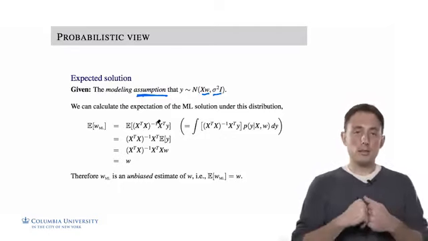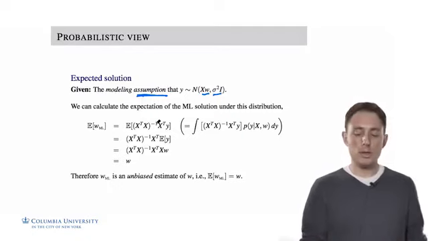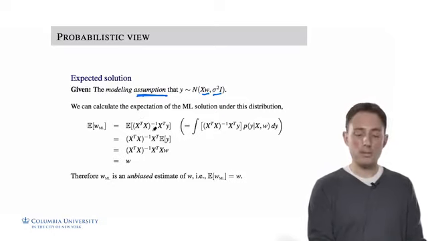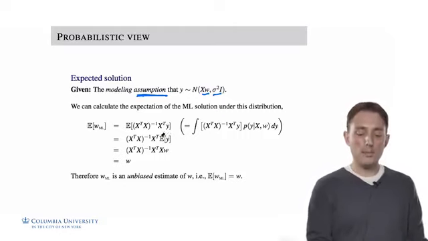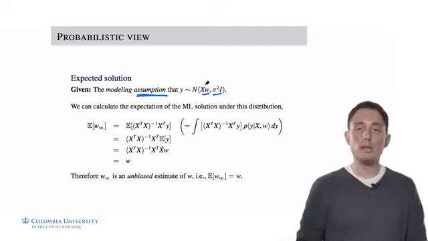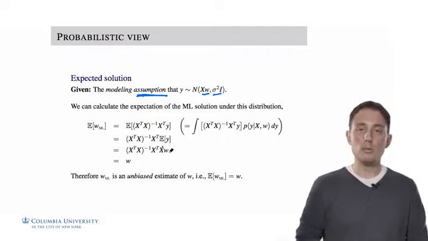By basic manipulations of the expectation function, one rule is that because this term here does not involve y at all, it's a constant, there's nothing random here, we can bring this outside of the expectation and obtain this. So really, we want to take the expectation of y. And because y is a multivariate Gaussian with this mean and this covariance, we know the expectation is just equal to whatever the mean is. So we plug in the mean, which is x times w.